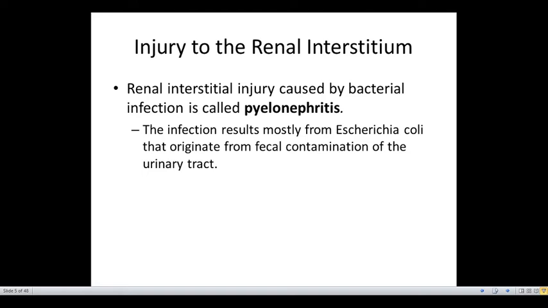Renal interstitial injury caused by bacterial infection is called pyelonephritis. The infection results mostly from an organism called Escherichia coli that originates from fecal contamination of the urinary tract.